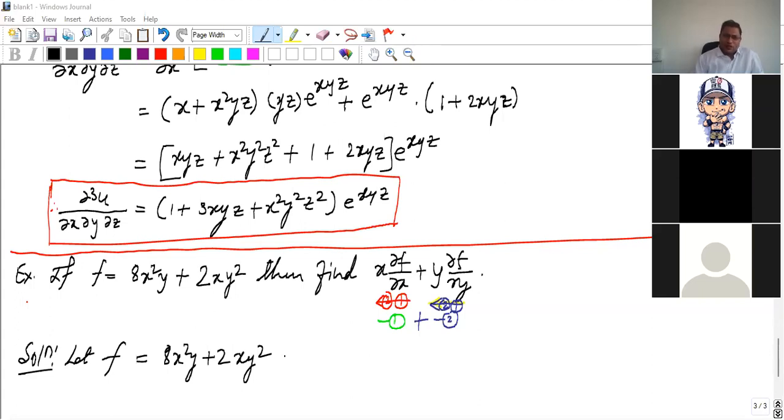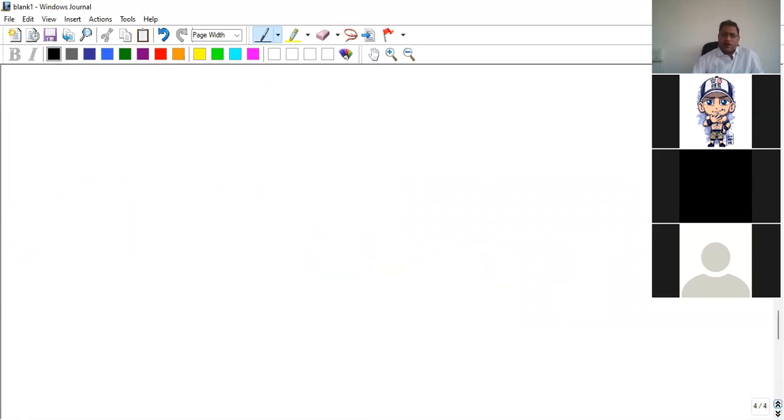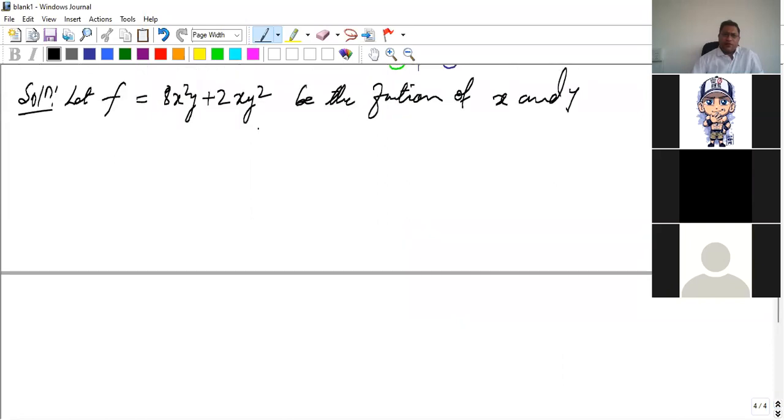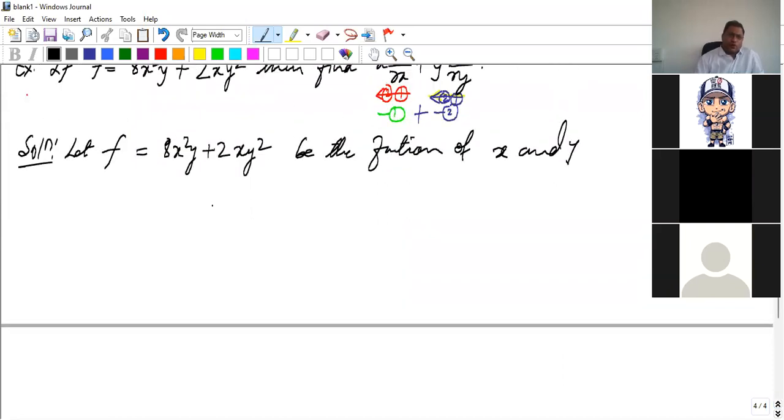Let f be a function of x and y. Now, whatever steps we have noted, we have to follow them one by one. So what do we do first? We differentiate f with respect to x partially.